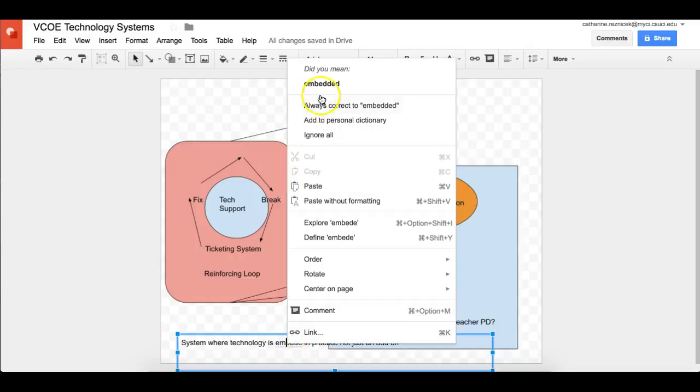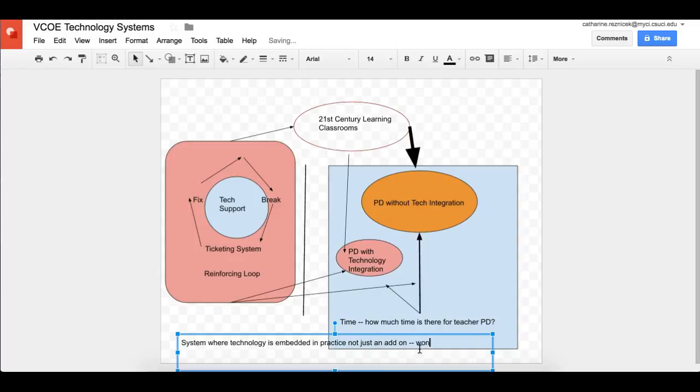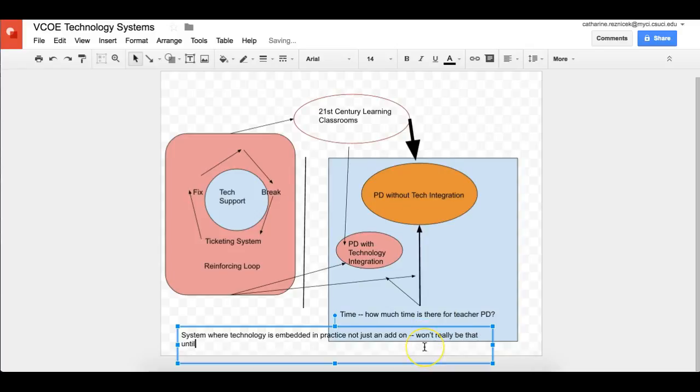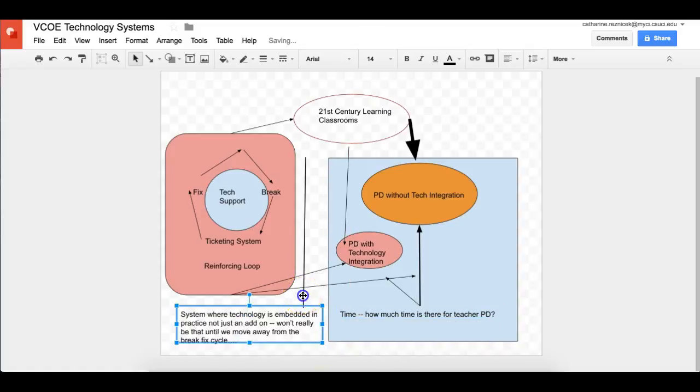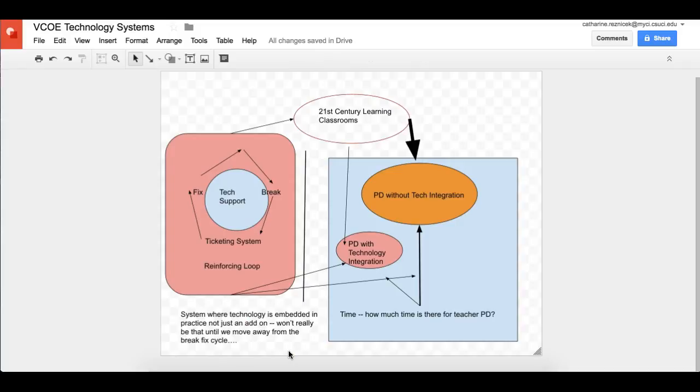And I don't think it will be that until we move away from the break fix cycle, because to me the break fix cycle is saying that technology is just a piece of equipment, a piece of equipment that can go down and has to wait to get fixed. So I think this is a reinforcing loop.